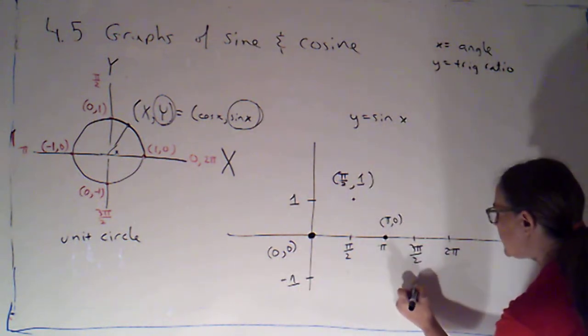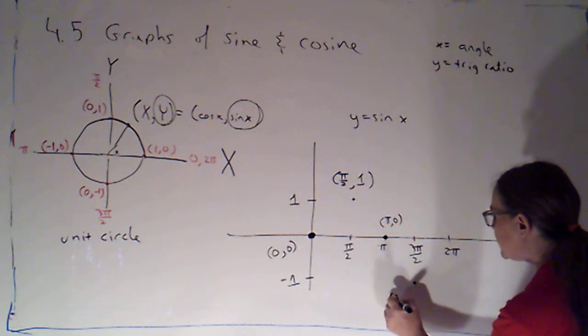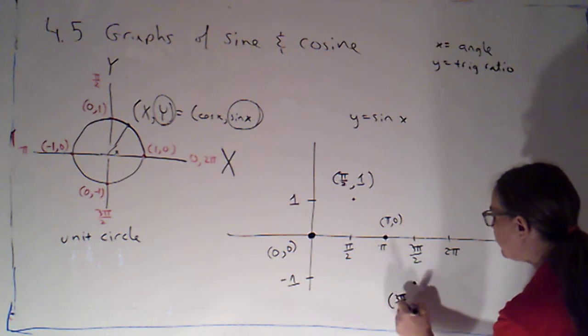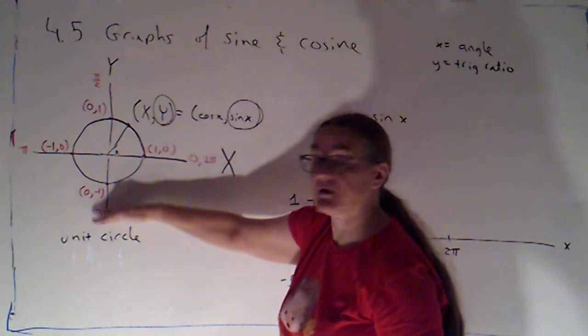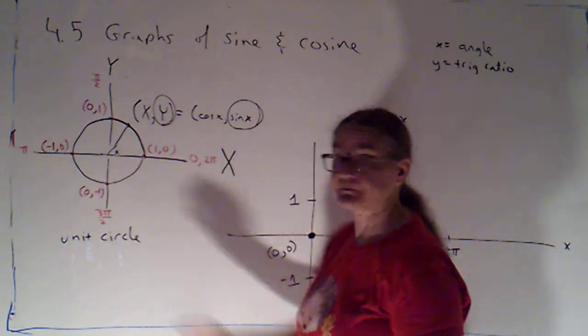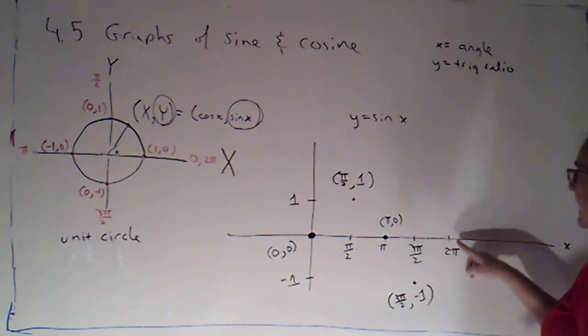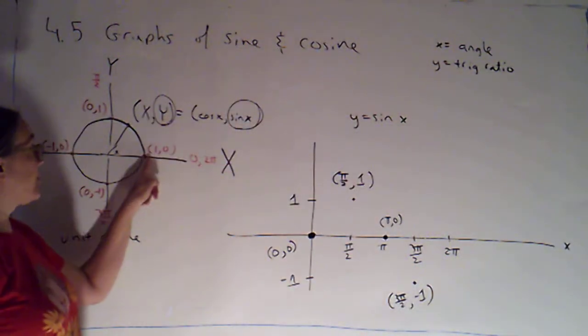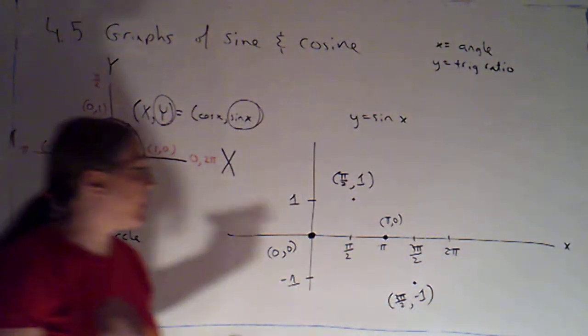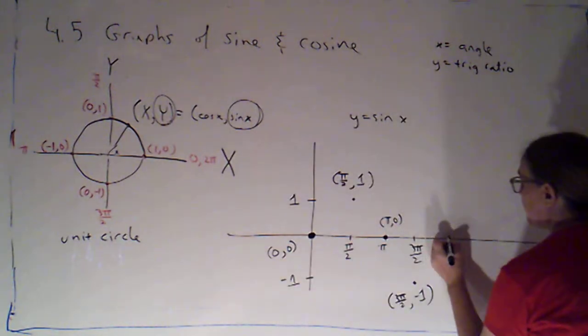And just like I could see that positive 1 was a high point, I can see that negative 1 is going to be a low point, because there's no point on the unit circle that's lower than that. At 2 pi, we have literally come full circle. We're back to this point where the Y value is 0.